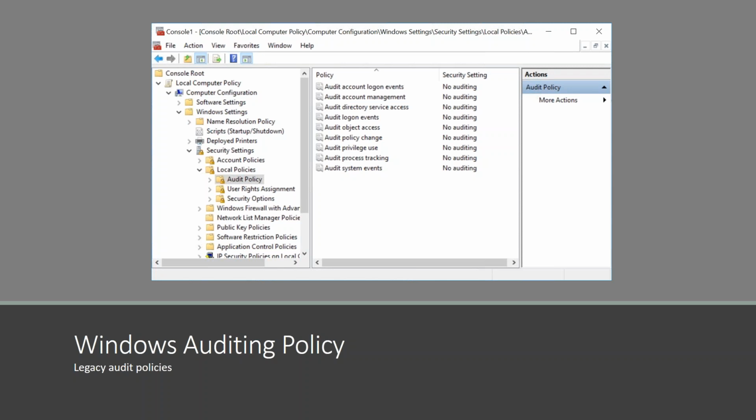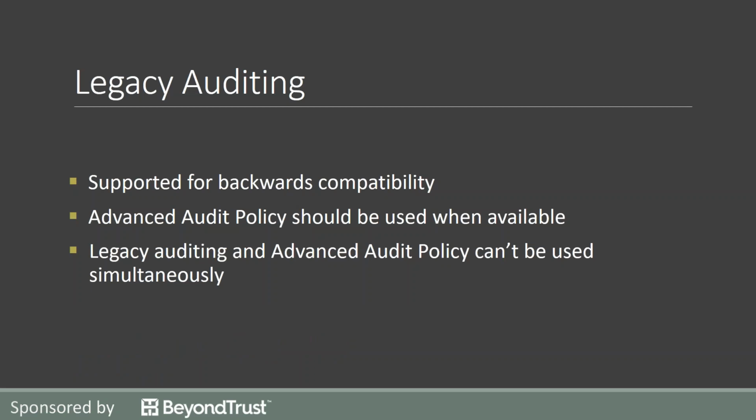Now these settings are legacy auditing settings. They are still available in the latest versions of Windows, but they're there really just for backwards compatibility. You can still use them, of course, but the problem with these legacy settings is that they can be quite noisy. When you turn them on, you generate lots and lots of information in your event logs.